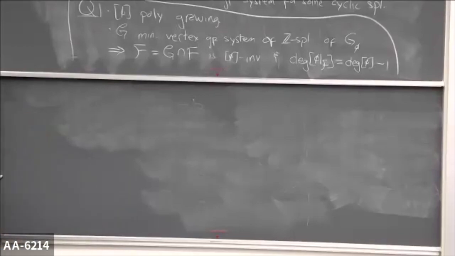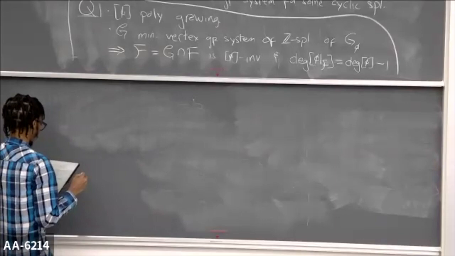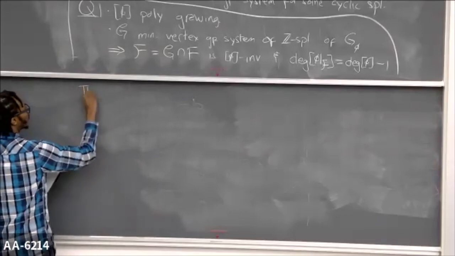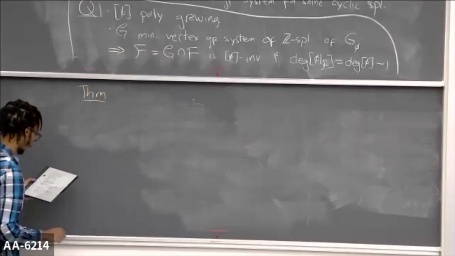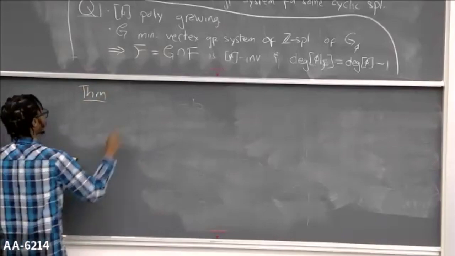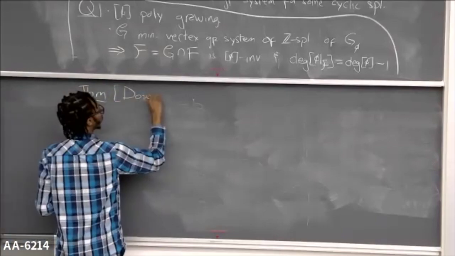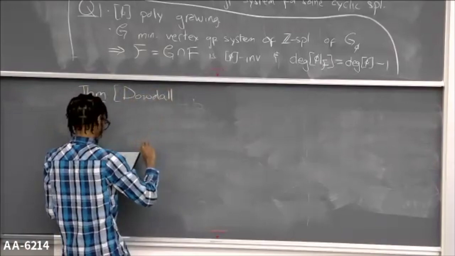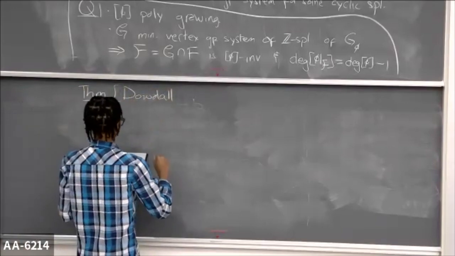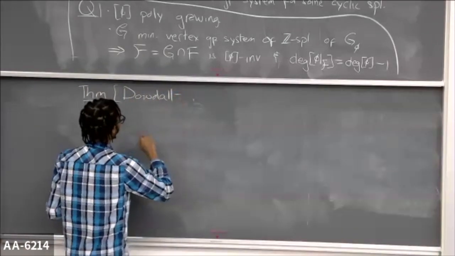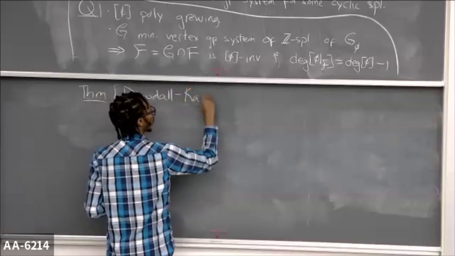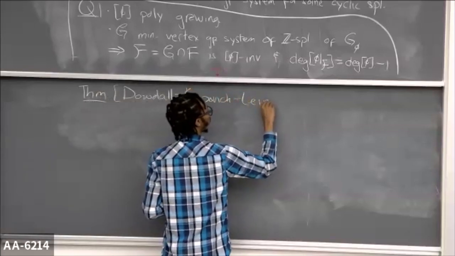Let's see. Okay, so I'll then end this section about group invariance for now with something about being heteroidal and irreducible. So this is Dowdall, Kapovich, Leininger.